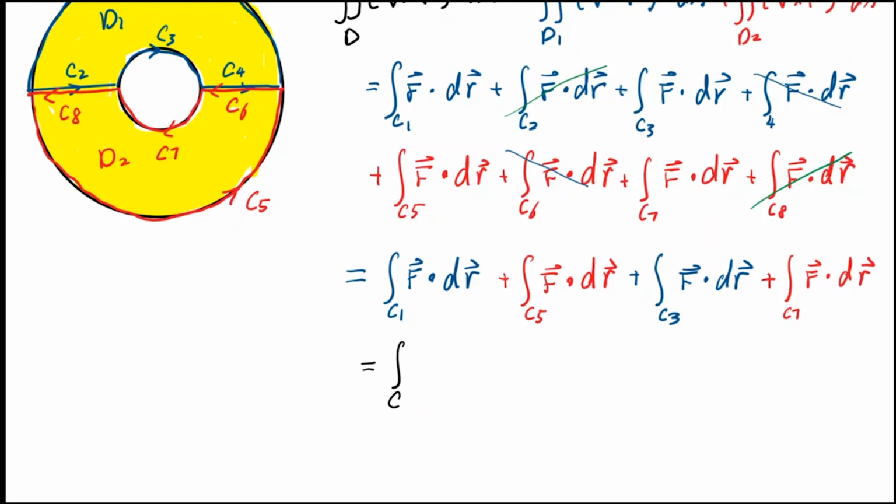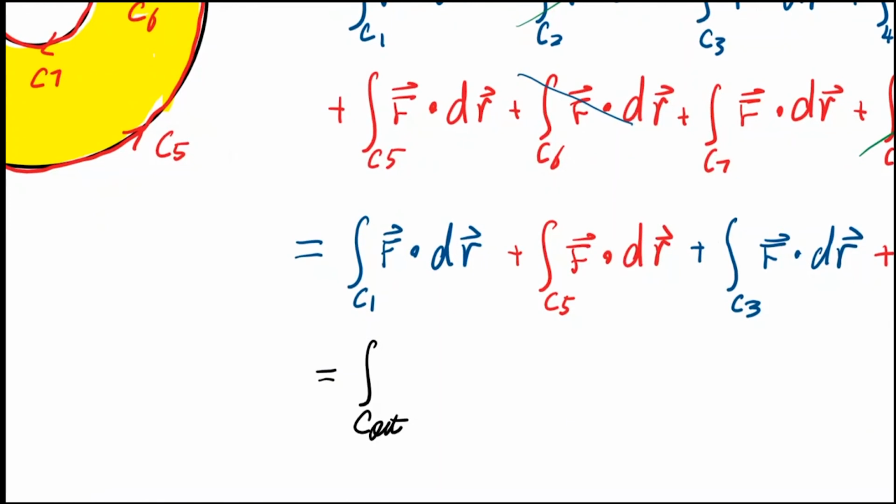Outside? C outside. That looks like C out. I need a good notation, I will take suggestions. That integral. And this integral, I'm going to put an arrow that way to denote this is counterclockwise direction.